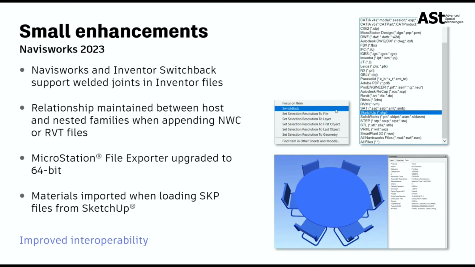Navisworks and Inventor switchback now support welded joints in Inventor files. And when appending a Navisworks cache file or Revit file, Navisworks now maintains the relationship between the host and nested families and displays the shared parameters on the properties window under the type tab.